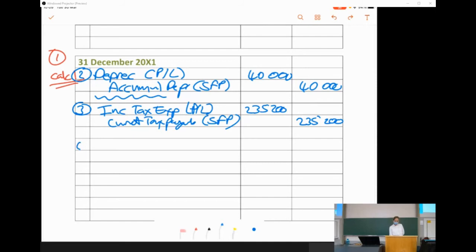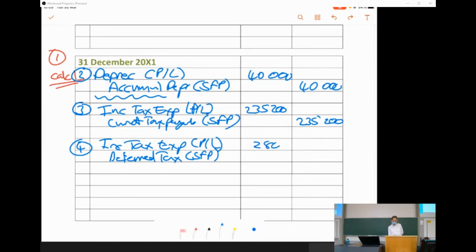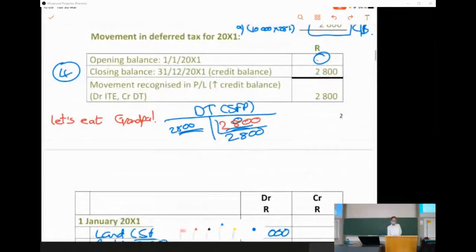Good. And then journal 4 was our deferred tax. We will also say income tax expense, P&L, credit deferred tax, SFP, and the amount was 2,800. So that 2,800 is the amount that we put into our GL account to make it our balance.